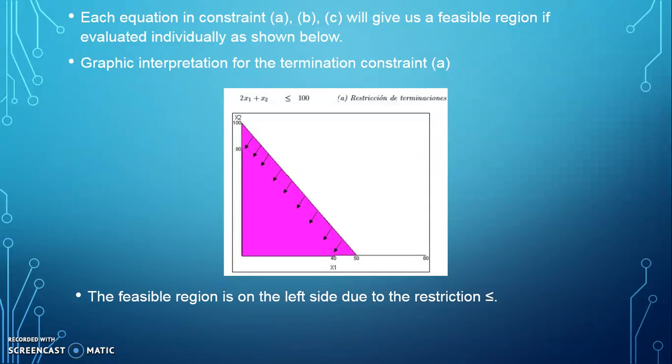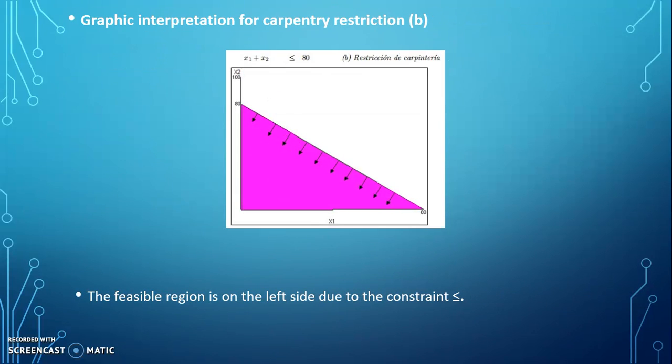Graphic interpretation for the determination constraint. The feasible region is on the left side due to the restriction. Graphic interpretation for the carpentry restriction. The feasible region is on the left side due to the constraint.